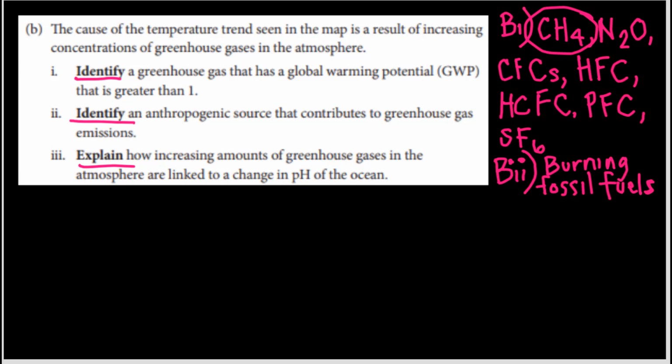Okay, and all I have to do is identify it. I don't have to worry about describing it because it just asks for identify. But then at the end, they kind of get you back because then they ask you to describe ocean acidification.